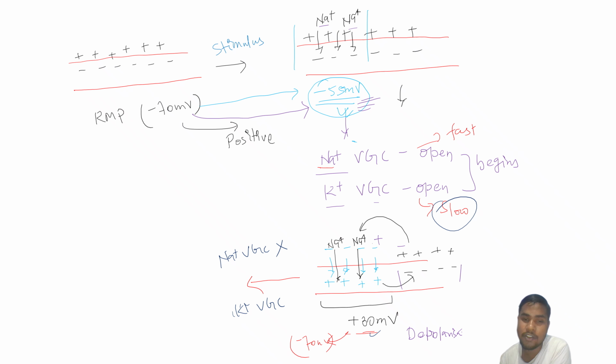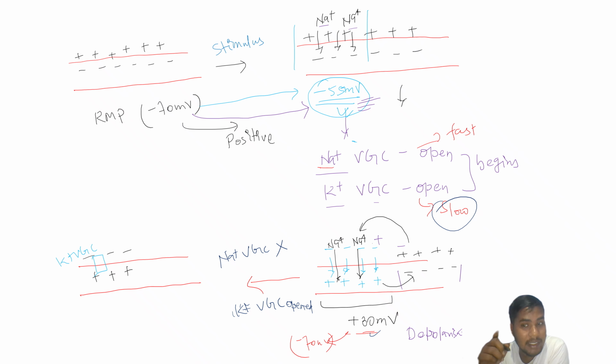So the sodium ion VGC is closed now, and the potassium ion VGC is opened now. Since the potassium ion VGC is opened, at this stage what is happening is that, as we have seen, outside is negative and inside is positive, and this is leading the K plus VGC to open.